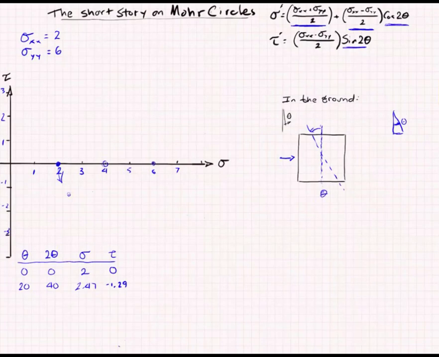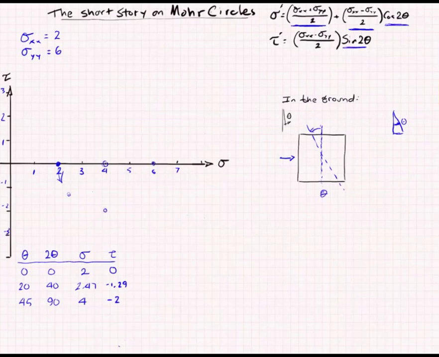Going further, if we go to 45 degrees in the ground, that's 90 degrees on the Mohr circle. So we're going to be at the bottom of the circle, where sigma equals 4, the midpoint, and tau equals minus 2, which is as negative as it gets, at the bottom of the circle. And that one will plot right about there.